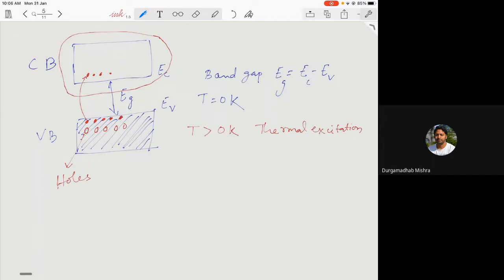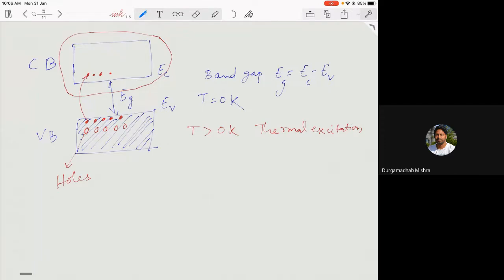Now, if you look at graphene, it's a two-dimensional material, a hexagonal structure, known as a honeycomb structure, where the carbon-carbon bond is different.